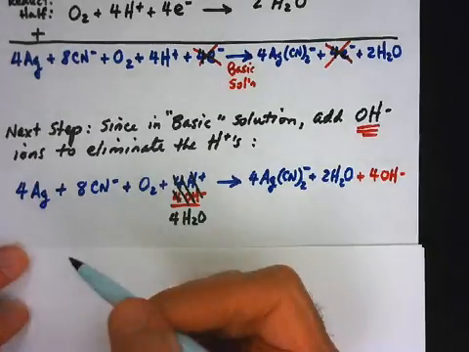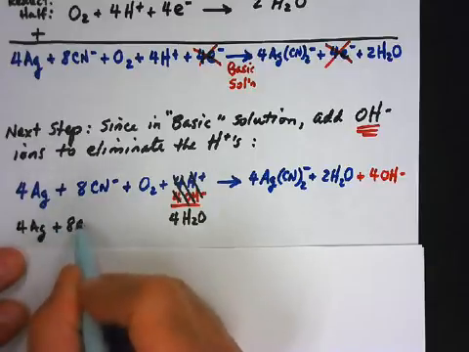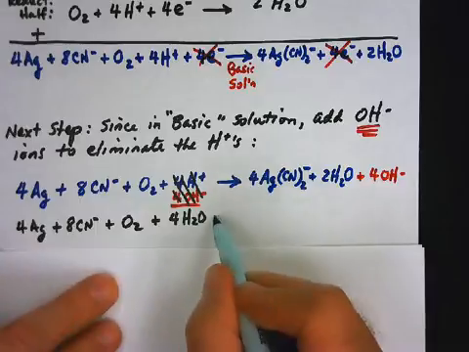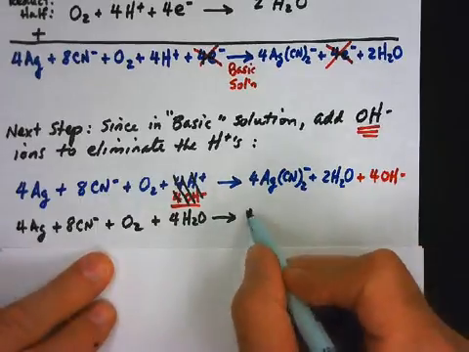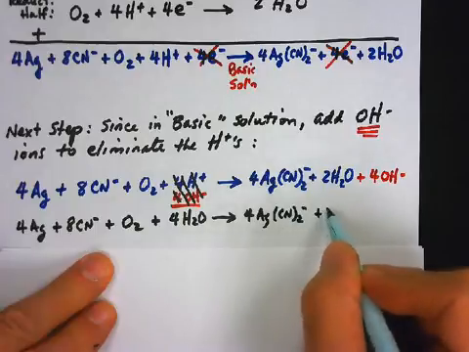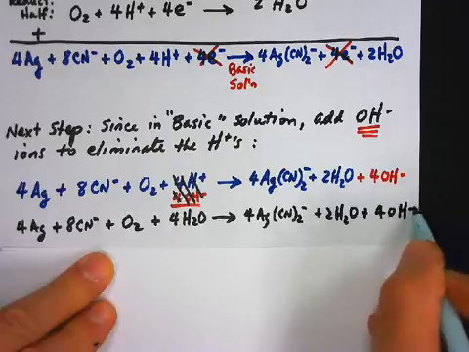Okay, so now we have 4Ag plus 8CN minus plus O2 plus 4H2O yields 4Ag cyanides plus 2 H2Os plus 4 OHs.